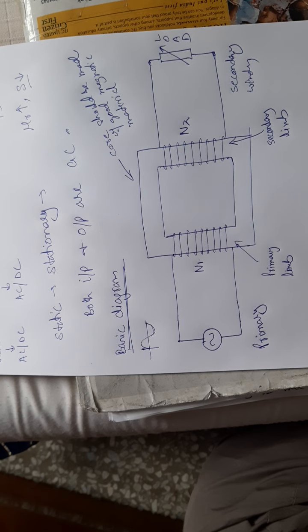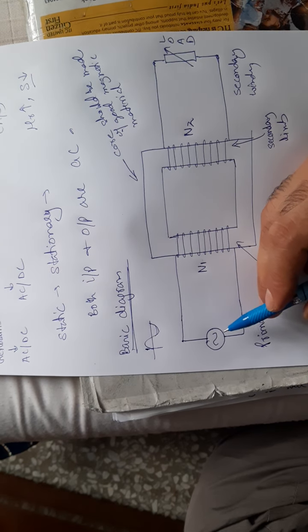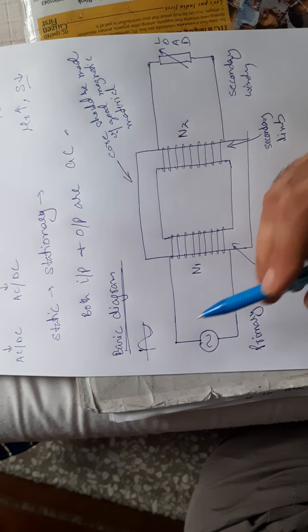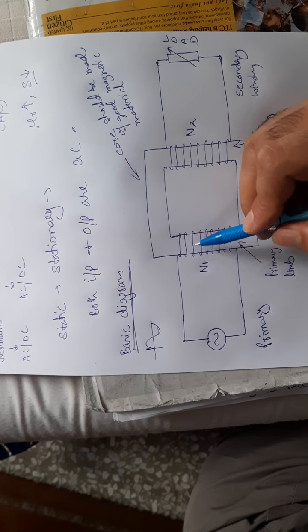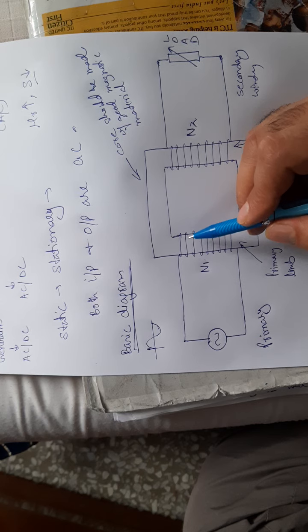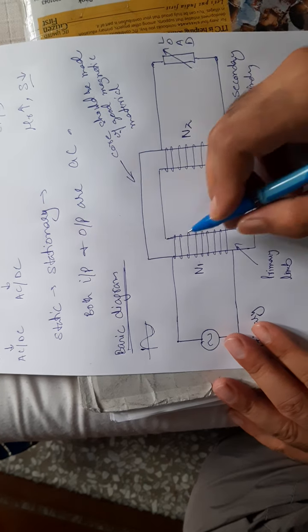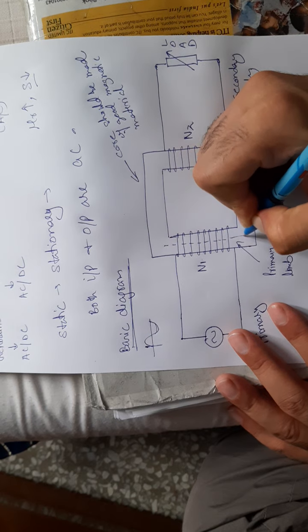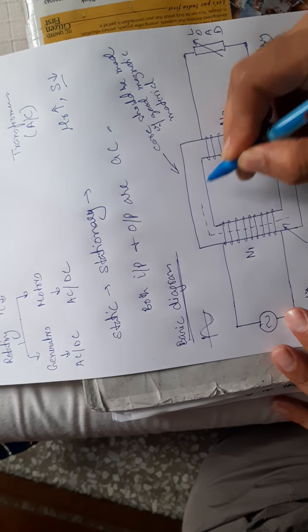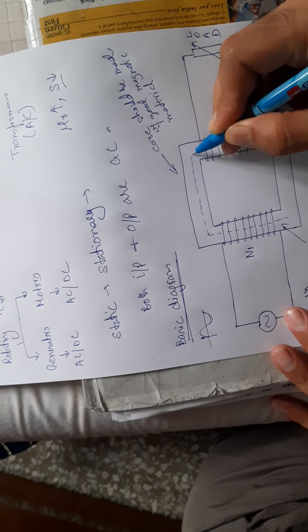So I am putting a primary AC source here. Some current will flow in this coil, and we have some number of turns, so a flux will be produced. Phi is equal to Ni. This flux will follow this path. Let me draw the path which this flux will follow.